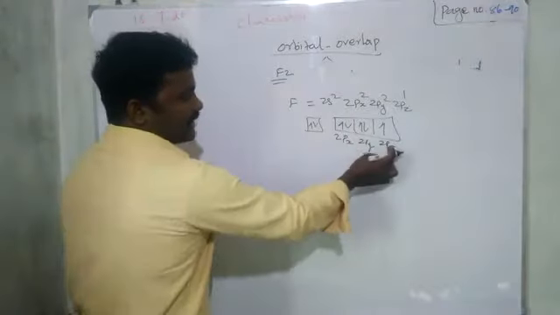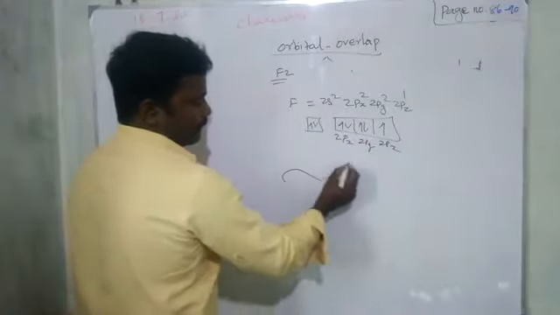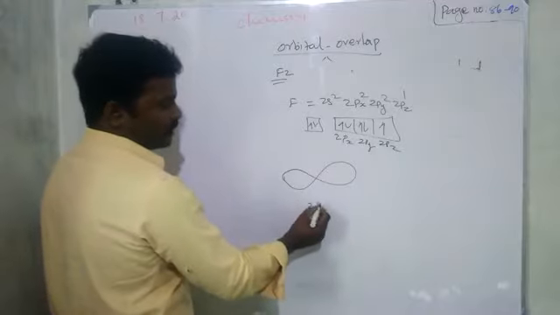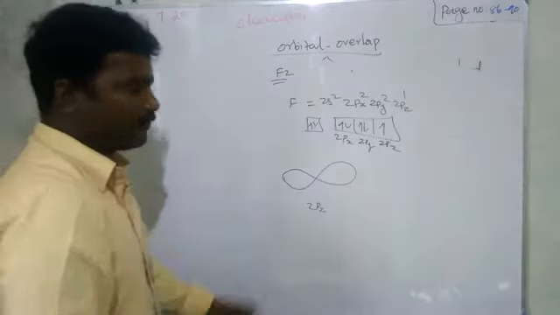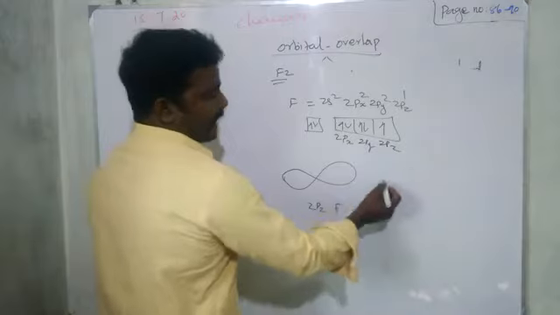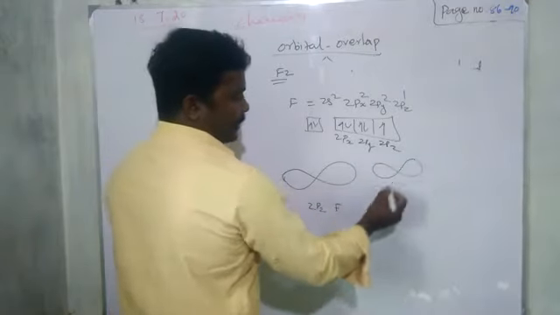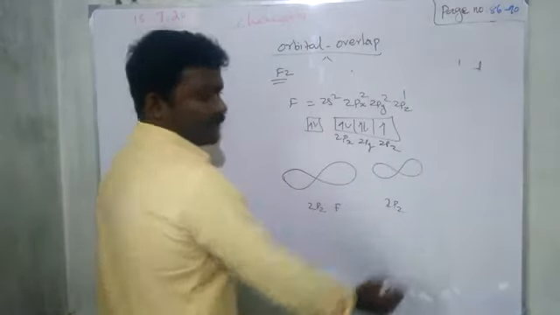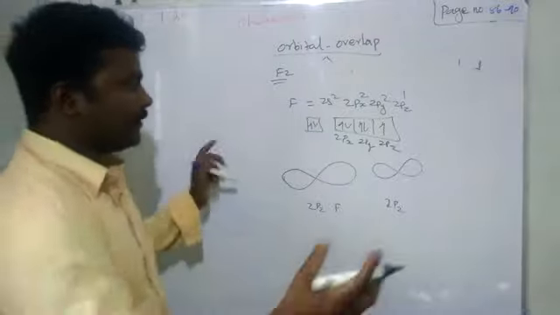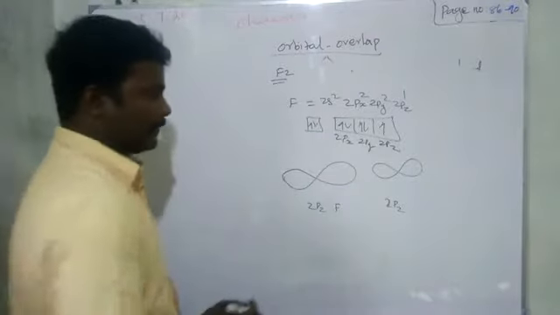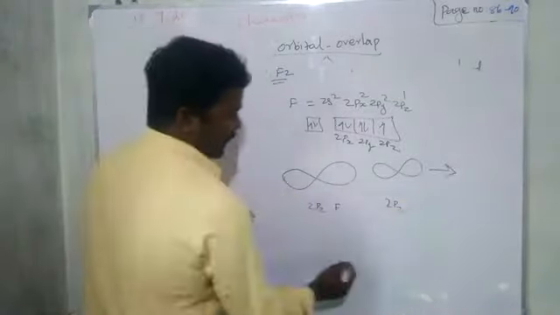Now the 2pz you can draw as a dumbbell shape. This is 2pz for the first fluorine. The second fluorine also will have the same dumbbell shape, 2pz. Now what will happen? It will undergo head-on overlap. See what the product will be.